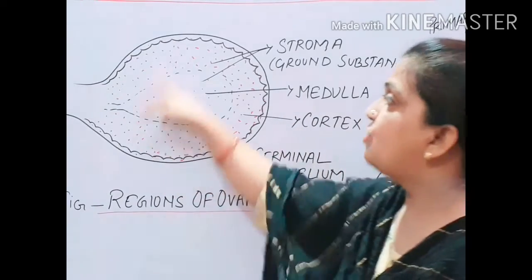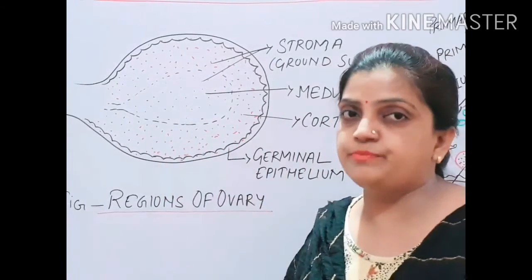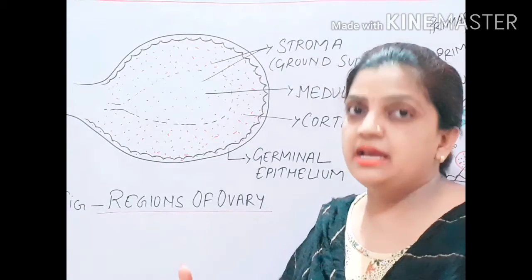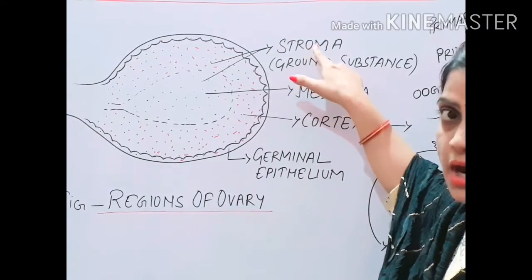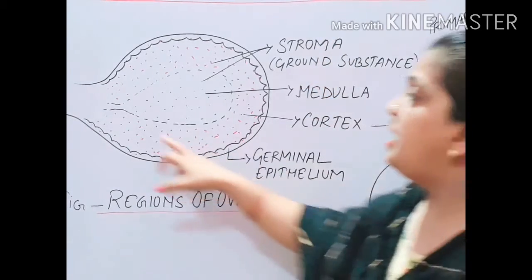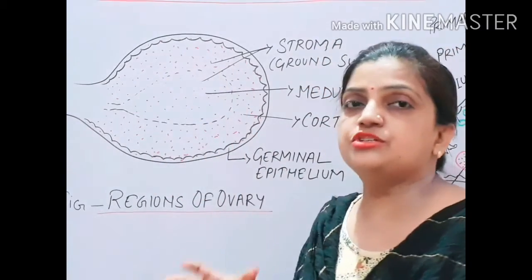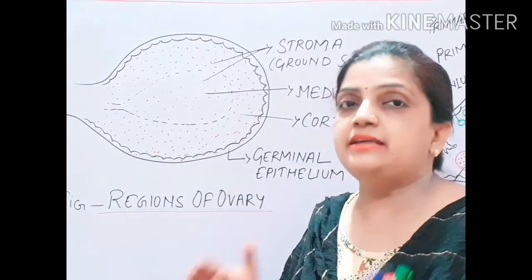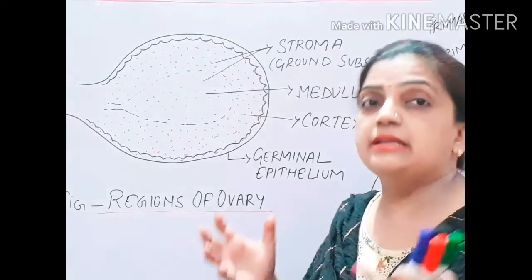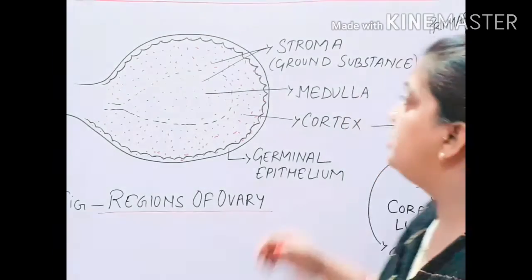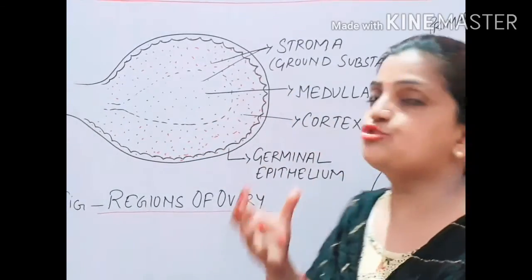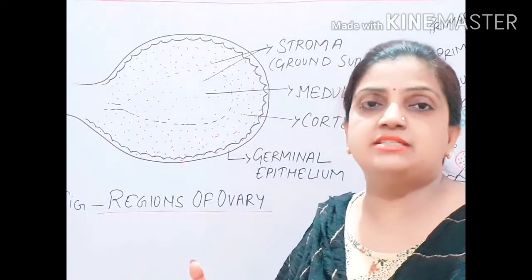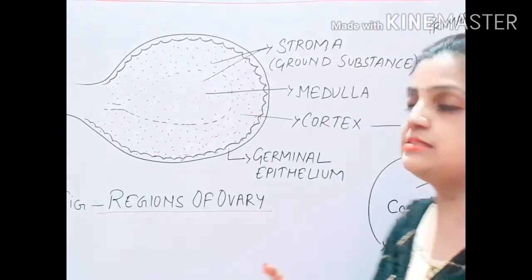Now children, this whole ovary is filled up by a ground substance, and this ground substance is called stroma. The outer portion, which is cortex, has a dense, concentrated stroma, but in the middle portion, the medulla, this stroma is not so dense, it is less in concentration.